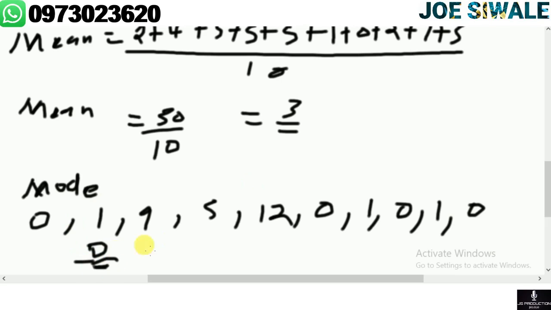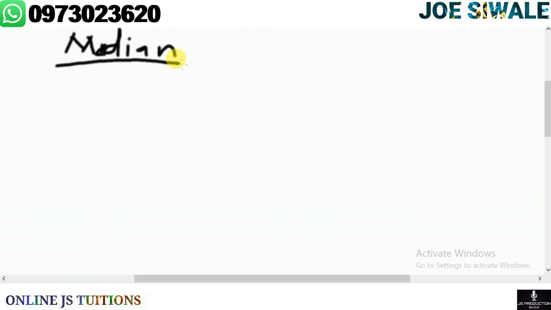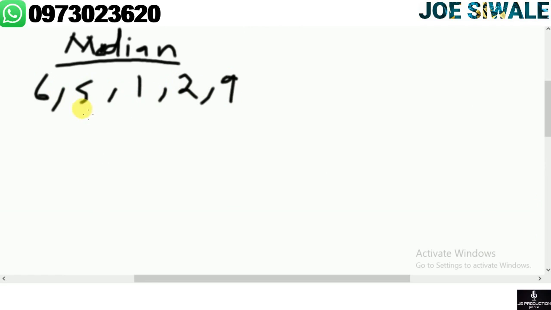Now let us look at the median. So the median is the value that is in the middle in a data set. So if you have these numbers, 6, 5, 1, 2, 9, and you have been told to find the median, before you find the median, first of all, you need to place the numbers in ascending order.